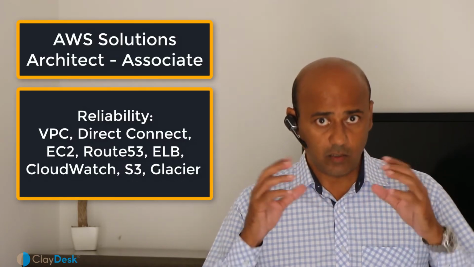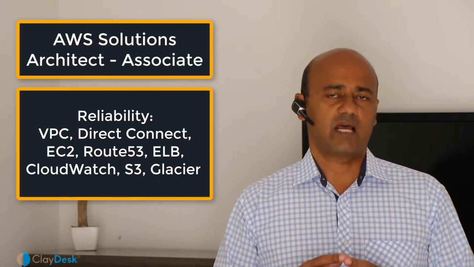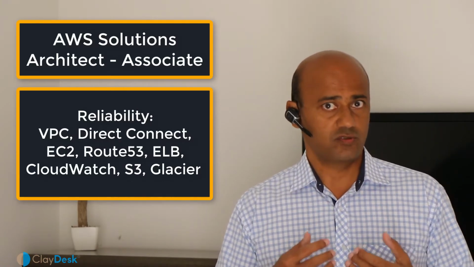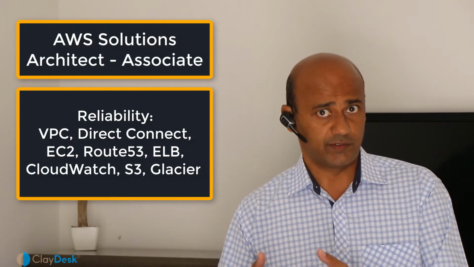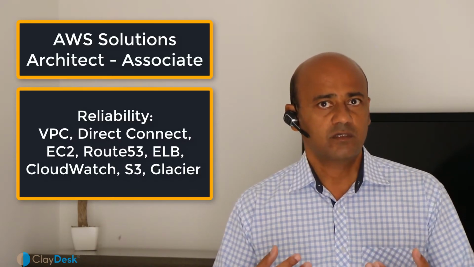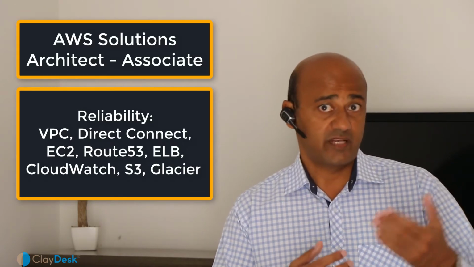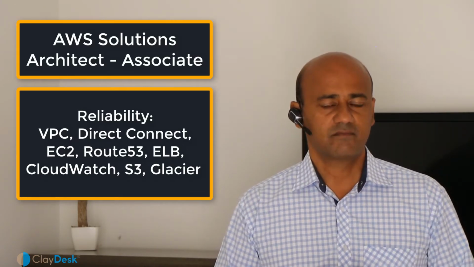You have Amazon Route 53, which is Amazon's globally distributed, very reliable DNS service, allowing us to perform a number of types of DNS routing, including failover. So we can fail over from an endpoint that is failing to an endpoint that is actually working. We also have Elastic Load Balancers.